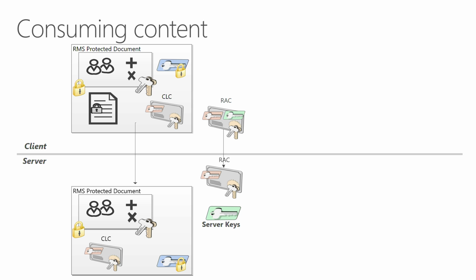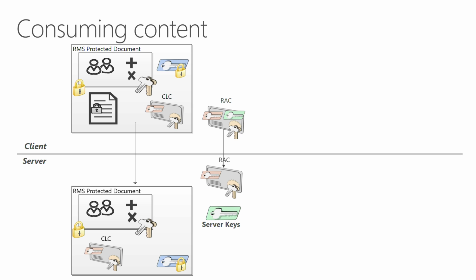From this diagram, you can understand we don't send your document to Microsoft, so you don't need to worry about that. Some customers say, if only Microsoft can decrypt the content, then that means we'll send everything to Microsoft and they will have access to our documents. No, you won't. You don't send the document to us. You only send the encrypted keys and encrypted license to RMS.